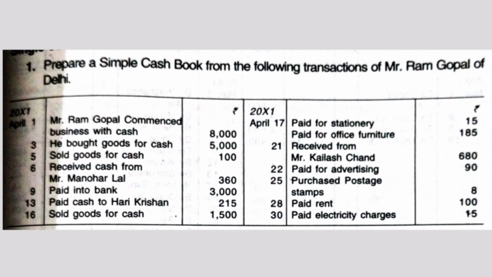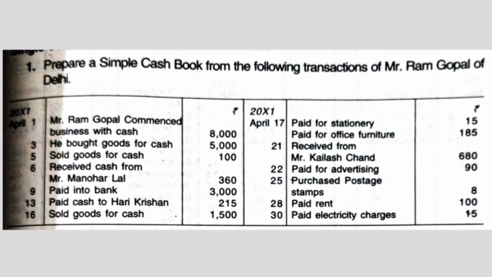In this question, it has been clearly mentioned: the simple cash book. They can say prepare a double column cash book or triple column cash book, or even a petty cash book. So be very mindful and check what the question is stating.